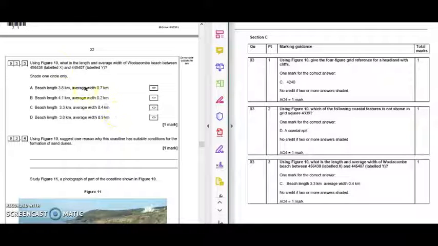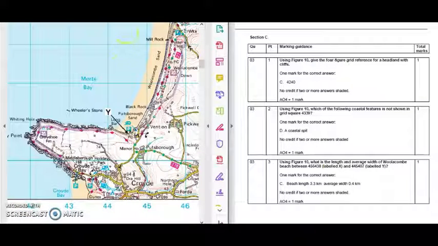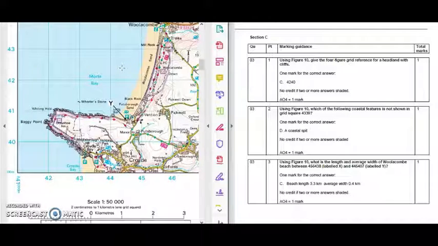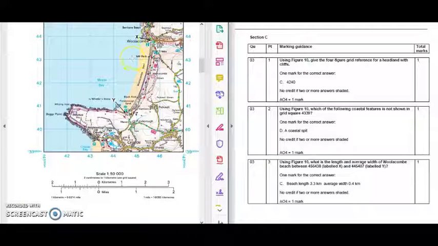Question 3.3. Using the figure 10 again, what is the length and average width of Woolacombe Beach between X and Y? So if we zoom out, you measure the distance from X to Y in terms of the beach length and the average width.